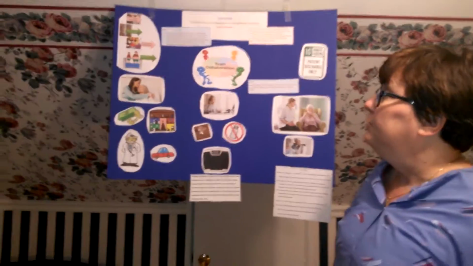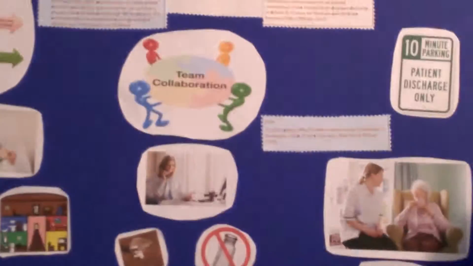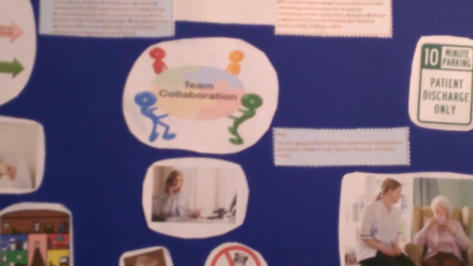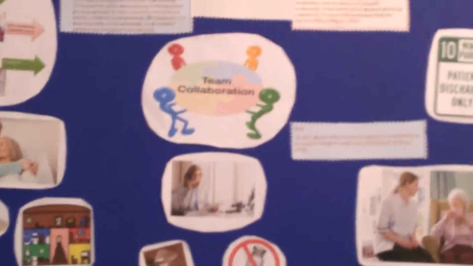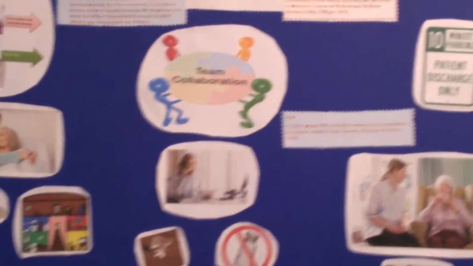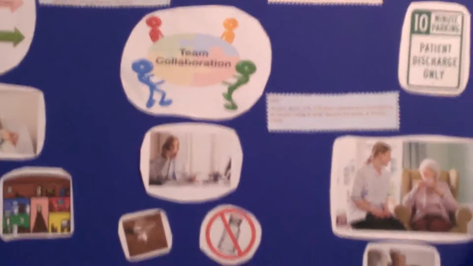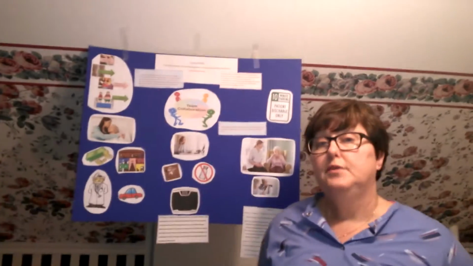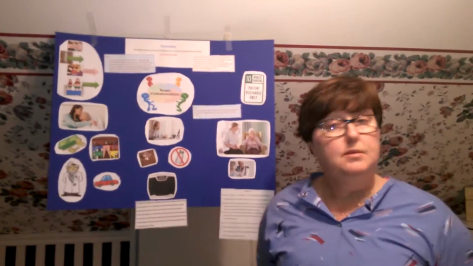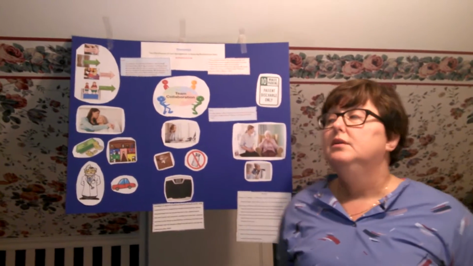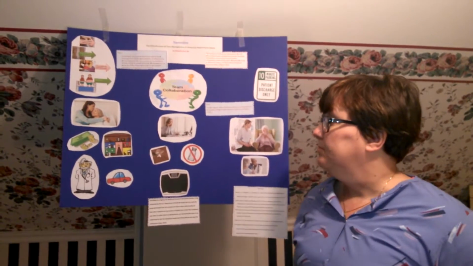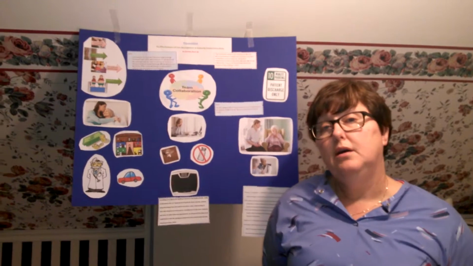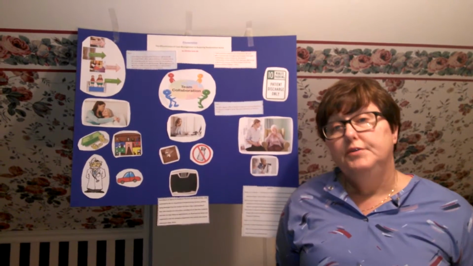The next step would be team collaboration, and that's with the physicians and nurses, therapists, and attempt to get a good idea of what the clinical diagnosis is and the plan for discharge. So if the plan for discharge, say, is the patient's going to be going home, the case manager would then determine, would this patient be a good referral for home care?